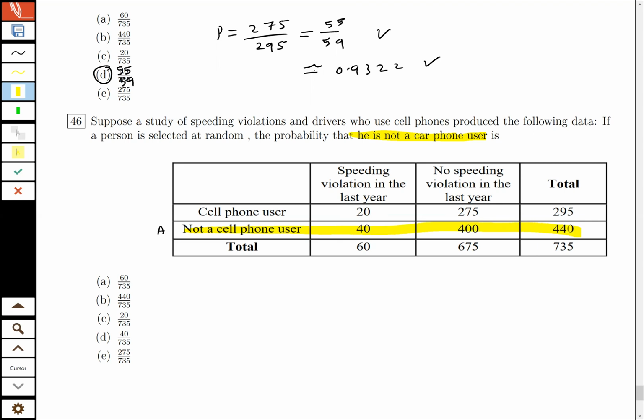That's question number 46. If a person is selected at random, then the probability that he is not a car phone user, not a cell phone user, is 440 divided by 735. So the answer is 440 over 735.